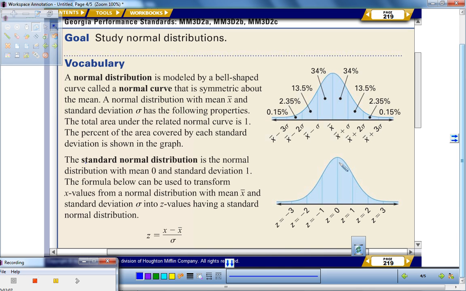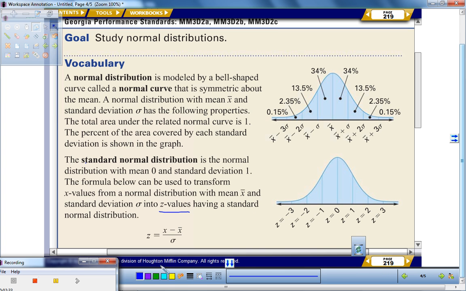So basically we convert this to 0, and then instead of having these percentages, we know by whether it's 1, 2, or 3 how close it is as far as standard deviation. We'll talk about z values a little bit later. For right now you just need to make sure that you understand what the curve looks like, and that this is going to help us predict things, or the probability of getting certain answers.